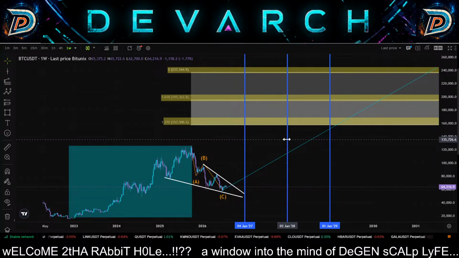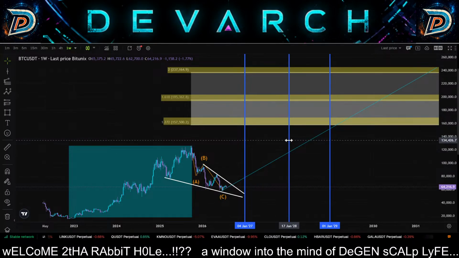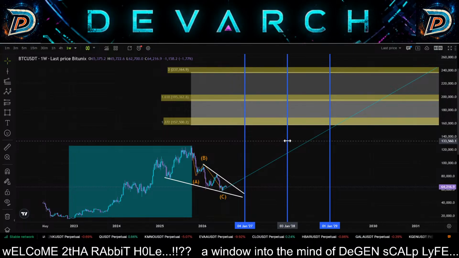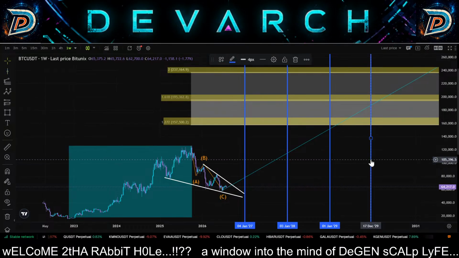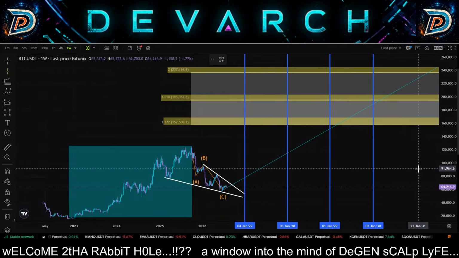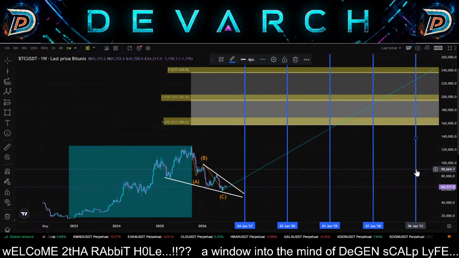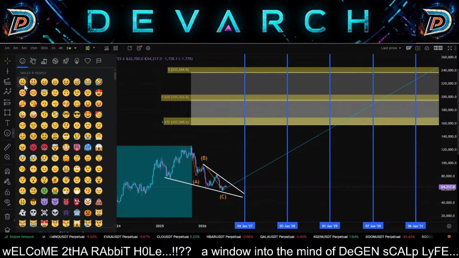Let's get it this exact. We want to be as exact as possible for the time projections. We've got 2030, and we've got 2031. Okay.